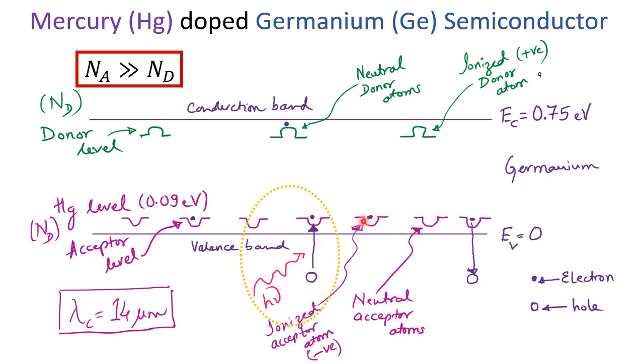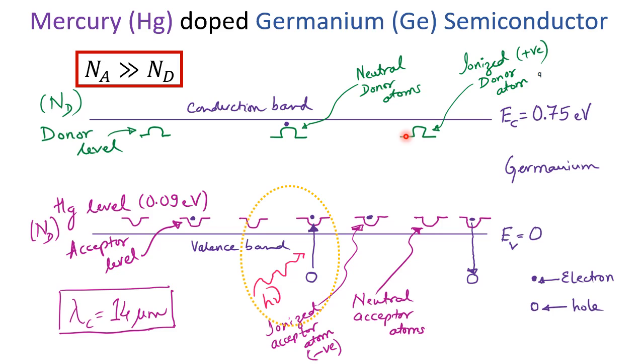Hence this particular state cannot really be occupied by the electron from the valence band. The occupation of the acceptor levels by the donor electron is essentially limiting the whole current that is there in this photoconductive circuit, right?